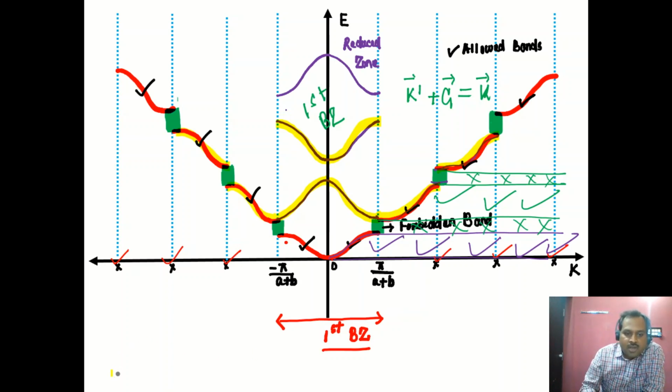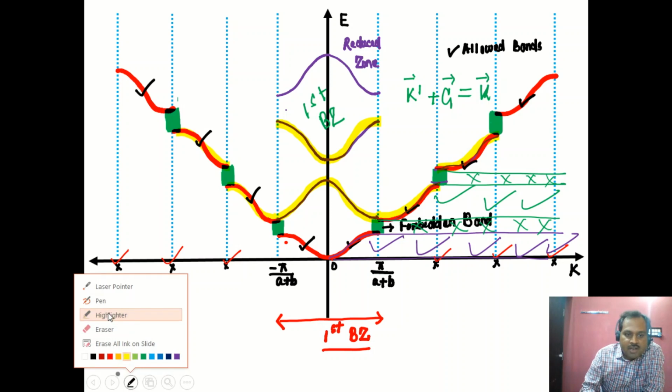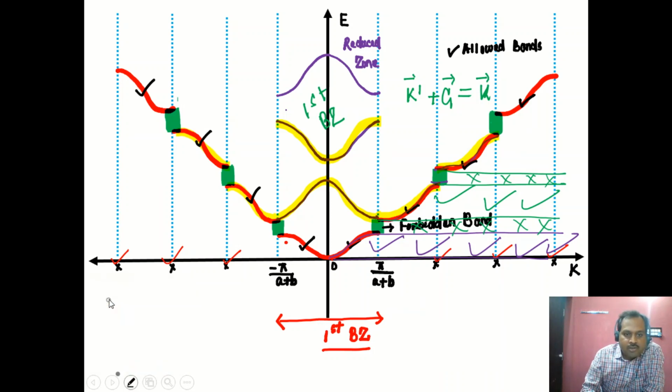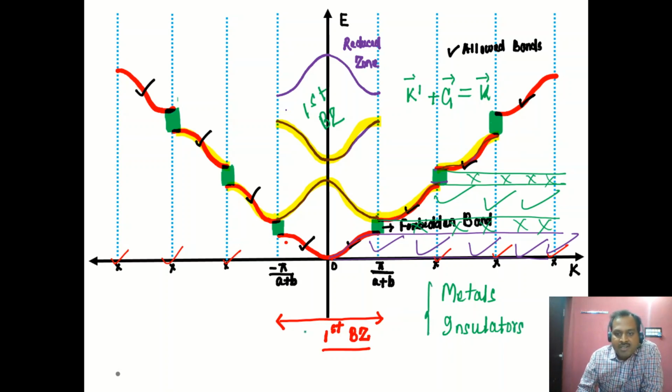And with this we can distinguish between the metals and the semiconductors or the insulators. The basic outcome of the Kronig-Penney model, which describes the motion of electrons inside a periodic potential, is the distinction between the metals and the insulators.